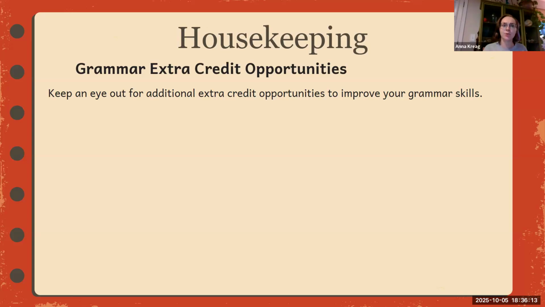So keep an eye out in the weekly modules for another extra credit assignment. It'll be italicized, so it'll be clearly different, and clearly labeled as extra credit. Once I've got one in there, I'll have a little housekeeping slide like this, and we'll talk about that.